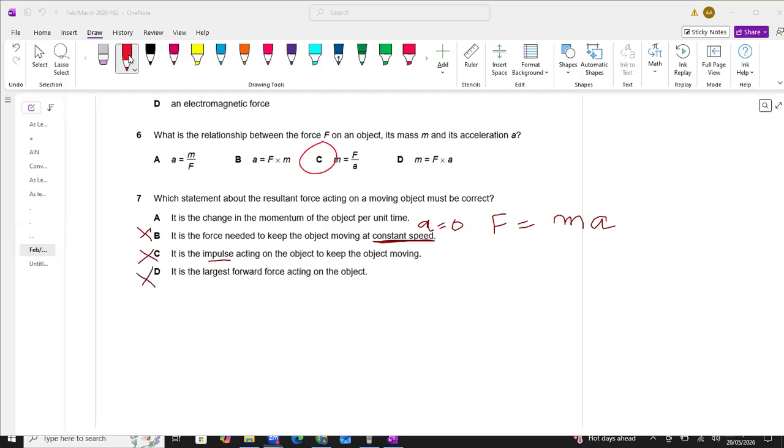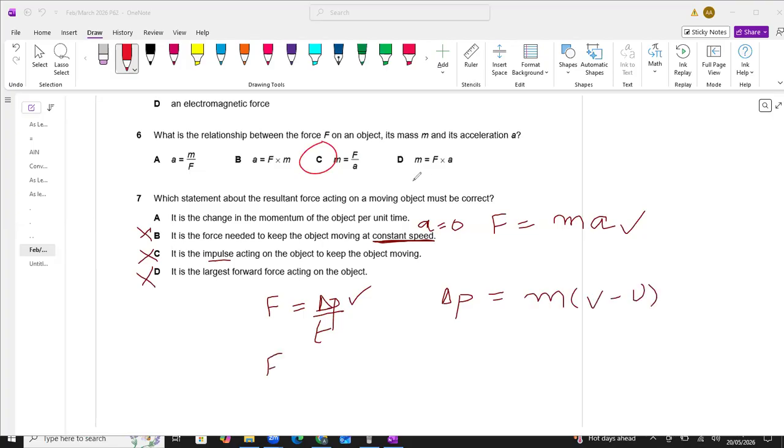In option A, they are saying it is the change in momentum of the object per unit time. So yes, students, this is the correct answer, because the force formula is delta P upon t. And these two formulas are the same, because delta P means change in momentum, and change in momentum is equal to m(v minus u).